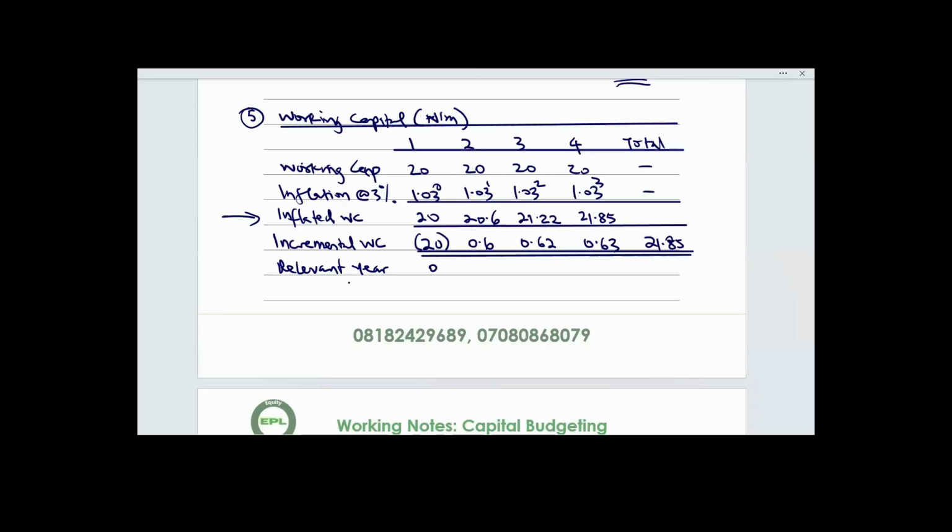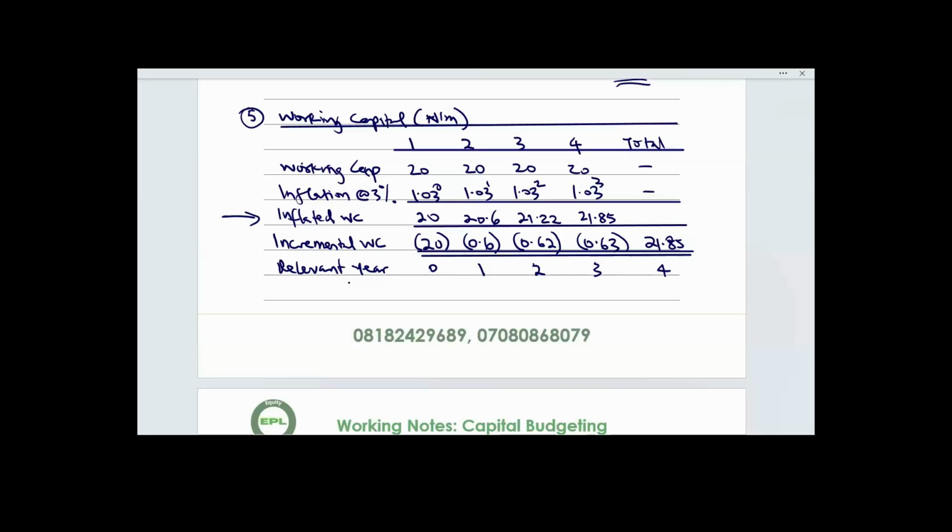The 0.6 increment of year 2 will be treated as cash outflow in year 1. The 0.62 of year 3 will be treated as cash outflow in year 2. The 0.63 of year 4 will be treated as cash outflow in year 3. Then at the end of the useful life, which is year 4, we recover the entire working capital. So this is how to treat incremental working capital.